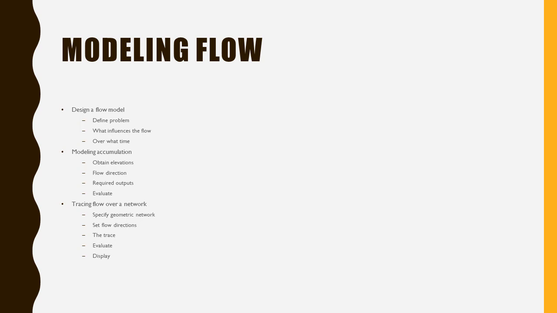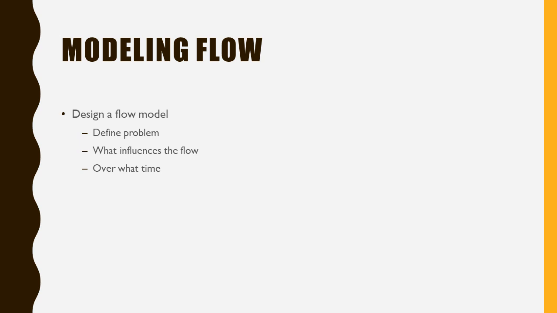You can use this for a lot of things, like tracing flow over a network. You can specify the geometric network for what this happens. You can set flow directions. You can trace things and evaluate and display stuff, and you can learn a lot about how flow occurs through this modeling process.